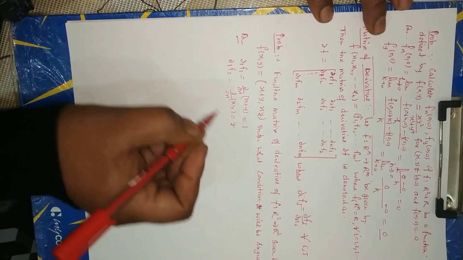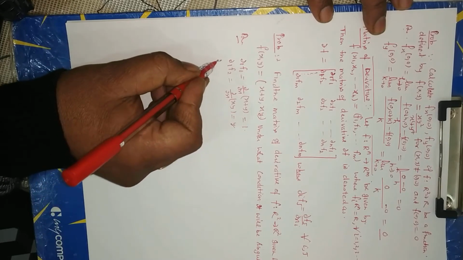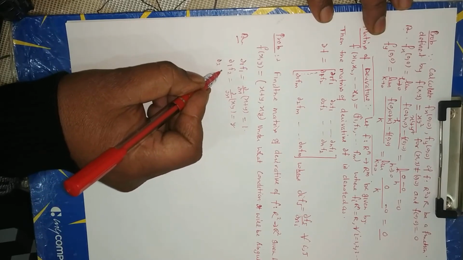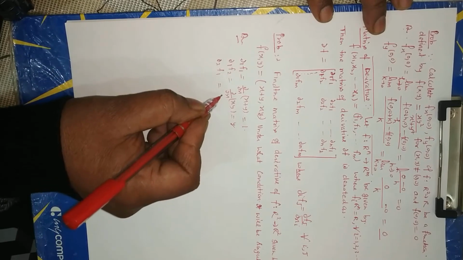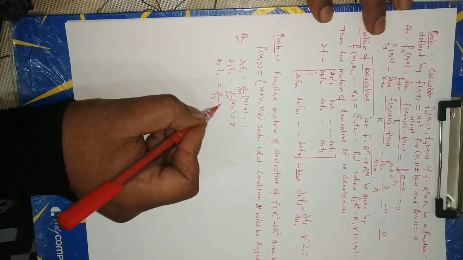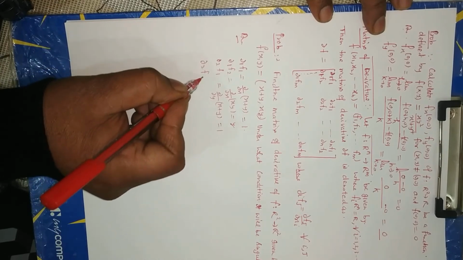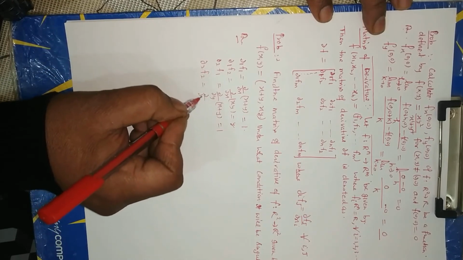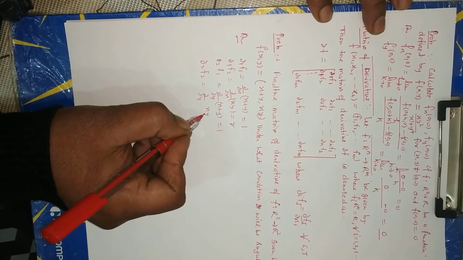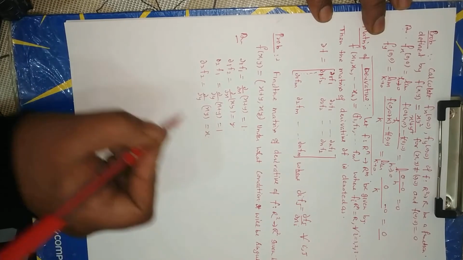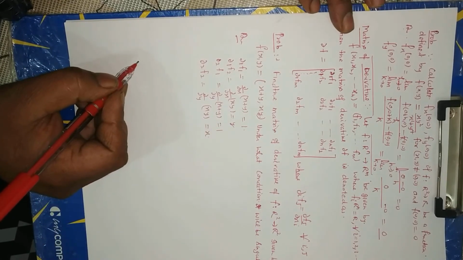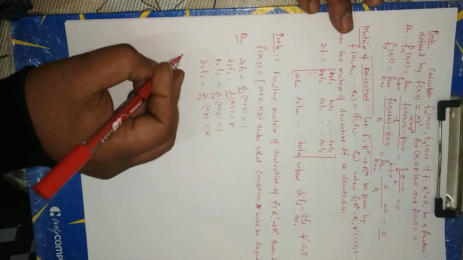This is equal to y. Okay. Del2 f1 is equal to del upon del y of x plus y, equal to 1. Now del2 f2 is equal to del upon del y of xy. This is equal to x.